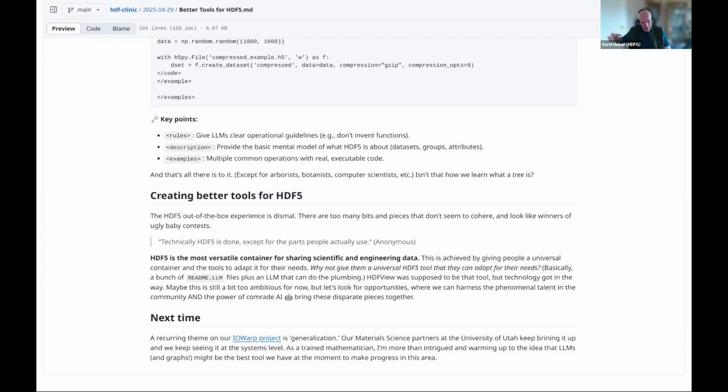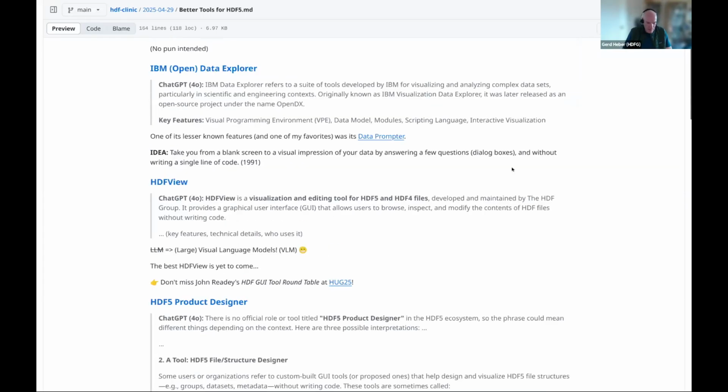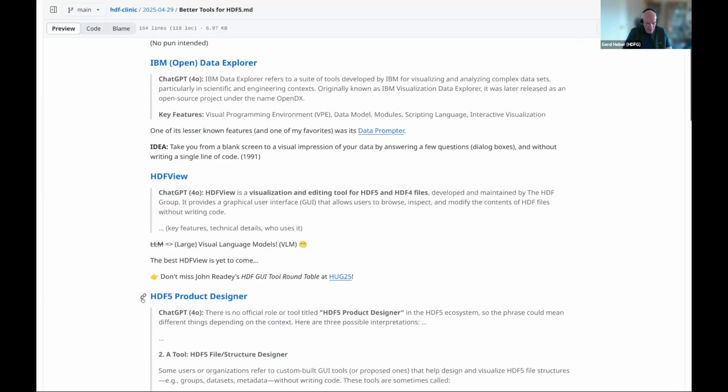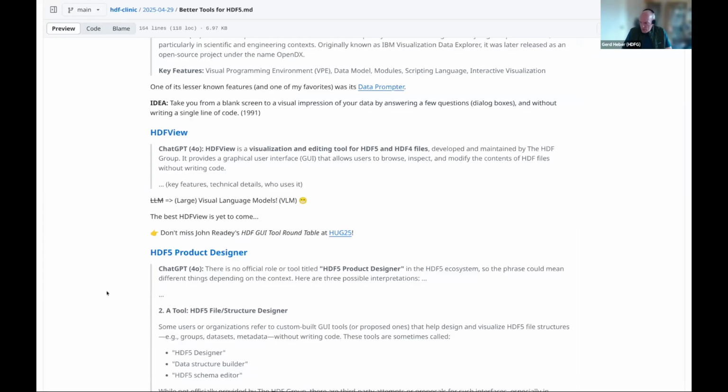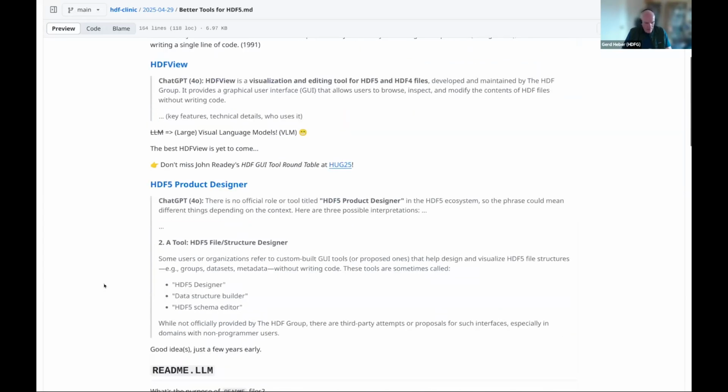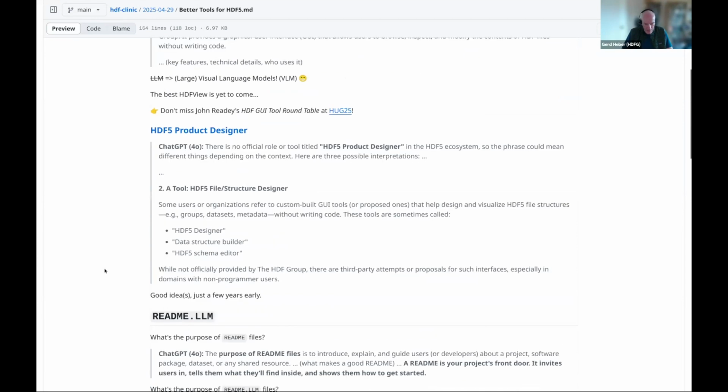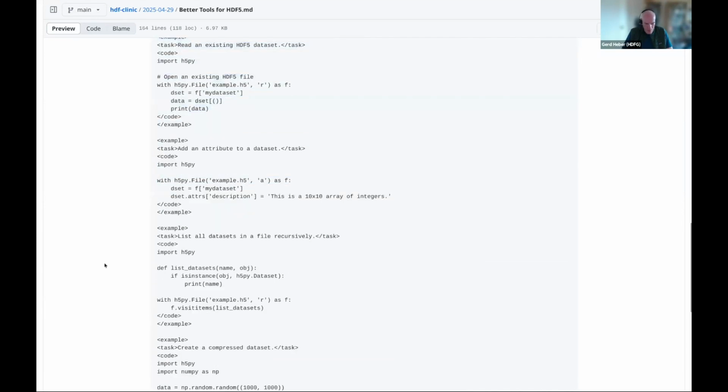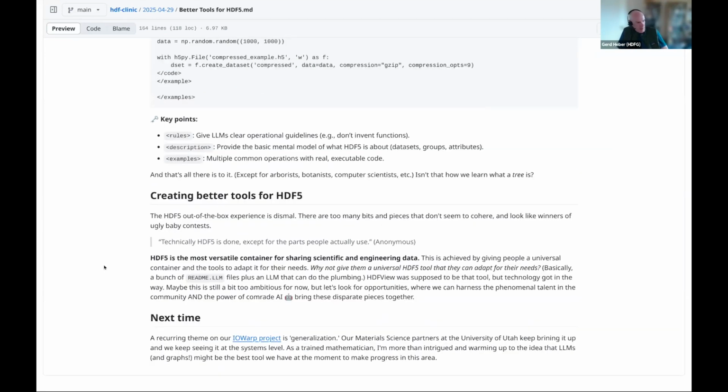But I think we have so much more on the technology side that we can rely on nowadays, that creating tools, so looking back at the examples that we had here, OpenDX and Product Designer, if we want to do them today, yeah, we have sort of almost dreamlike capabilities that weren't available at the time. And I hope some of this will be part of the discussion at John's roundtable.